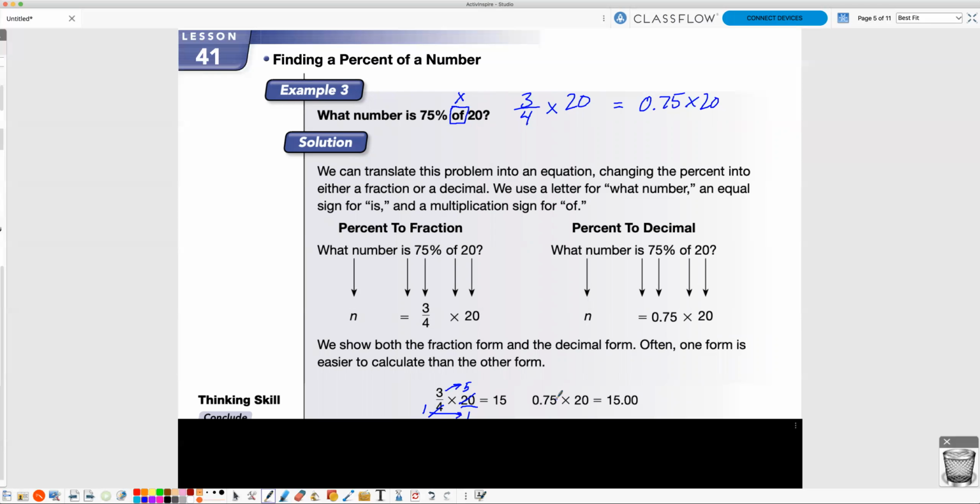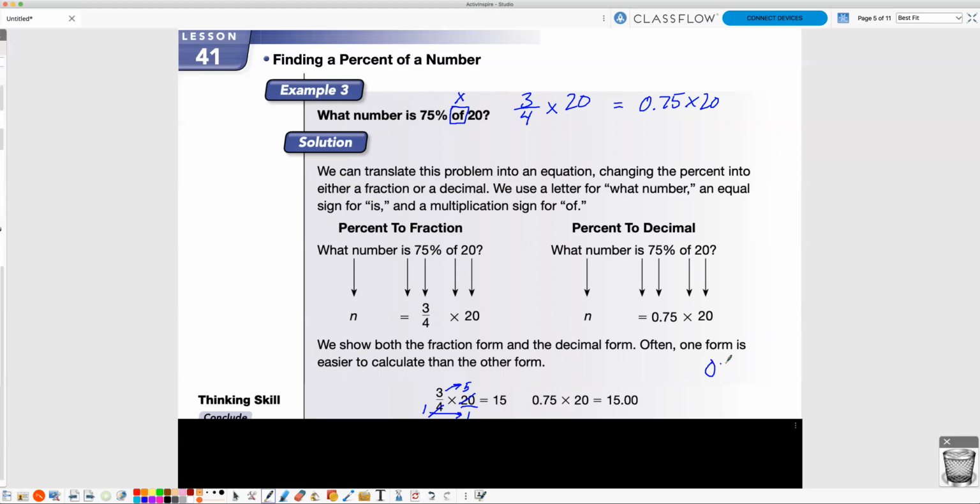0.75 times 20 is similar to $1.50. If it was 75 cents times 2, that's $1.50. If you move the decimal one place over, you end up with $15. So you can see 15 is the answer in that case too.